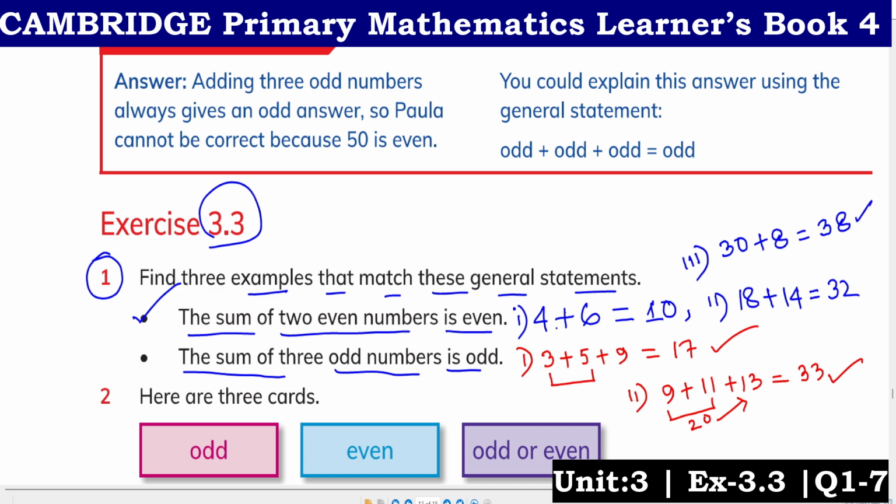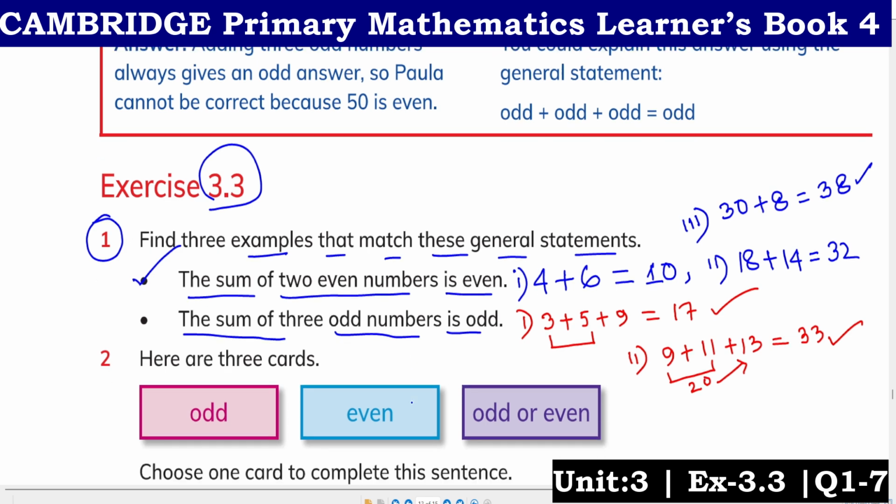So we are trying to show 3 examples that the sum of 2 even numbers is even, and all the statements are correct. And the second one, we already showed 2 examples, and for the third example, randomly take 1 plus 9 plus 17.